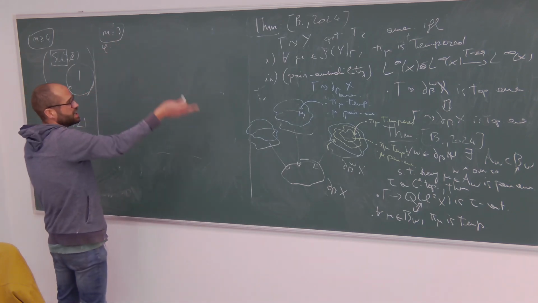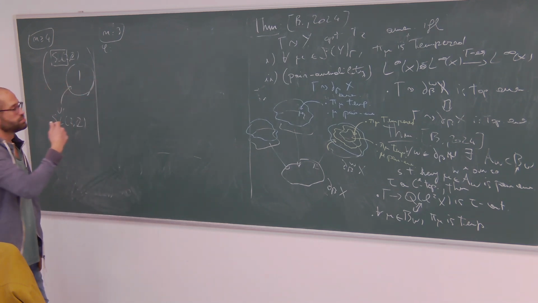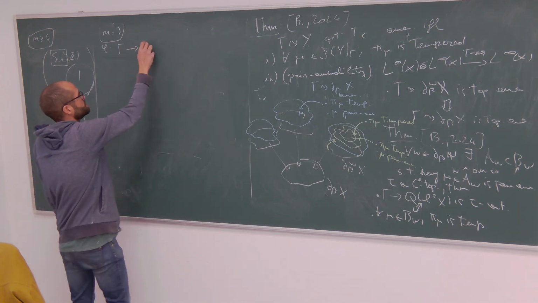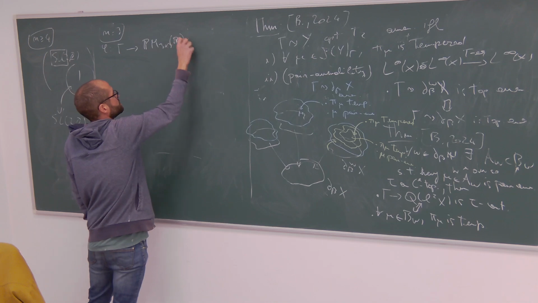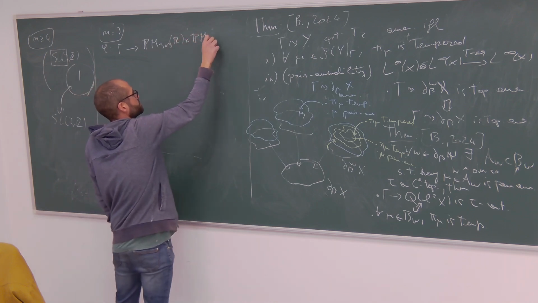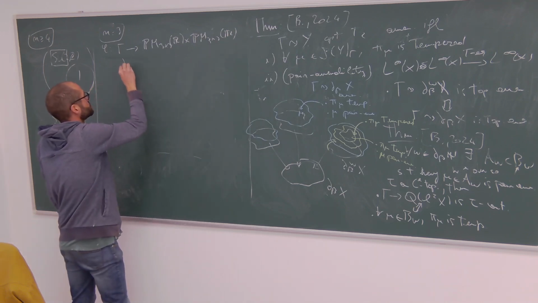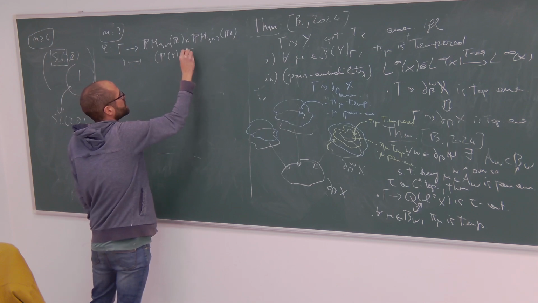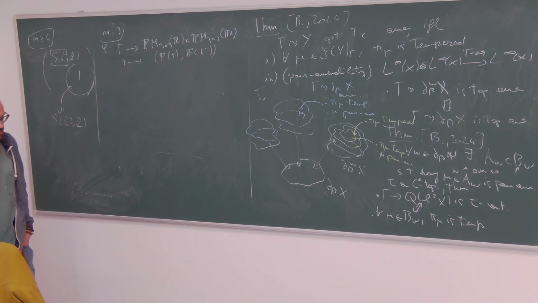Now we modify that map a little bit in order to have more information. What we consider is the map from gamma to products of projective matrices, and because we want to consider both gamma and gamma to the minus one, otherwise we lose information about the Lyapunov exponents.